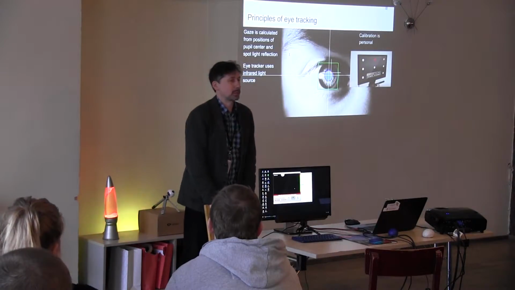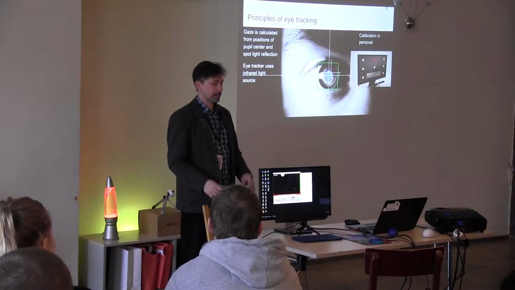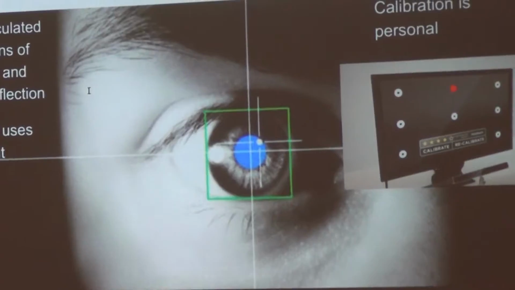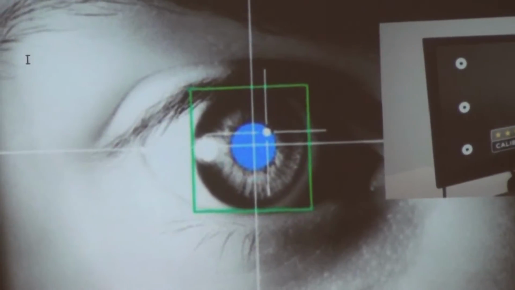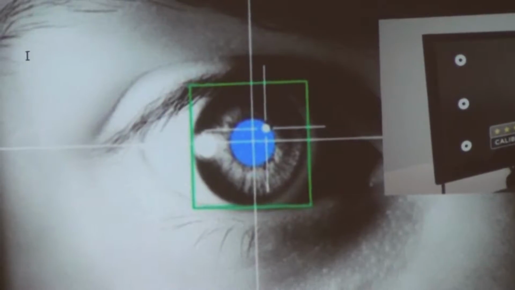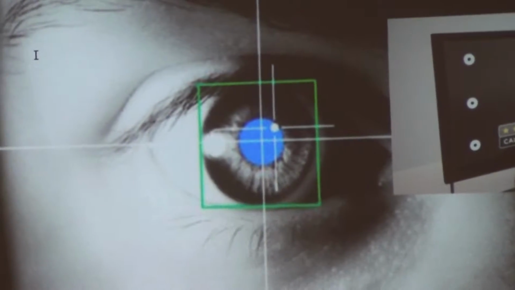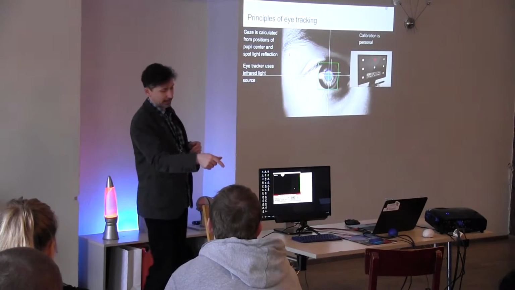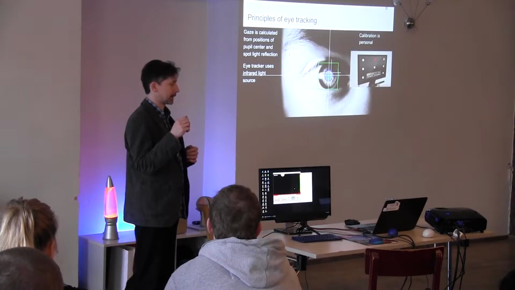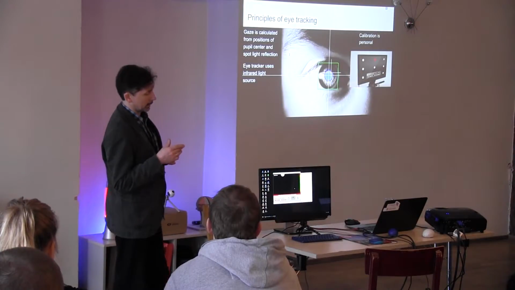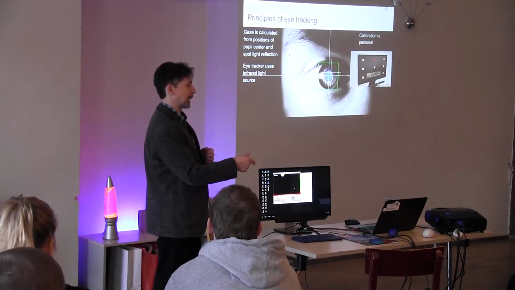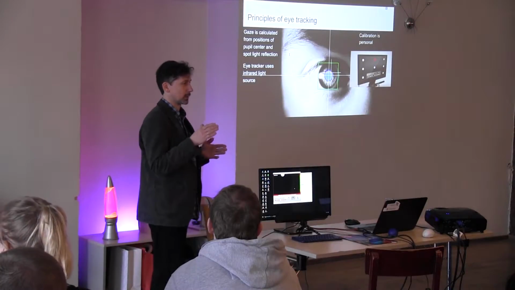What is most expensive with eye trackers is the image analysis software. The software runs all the time and analyzes all the eye tracking data to calculate the gaze point. This eye tracker, for example, records 50 or 60 packages of data per second, so the software must run quite quickly.